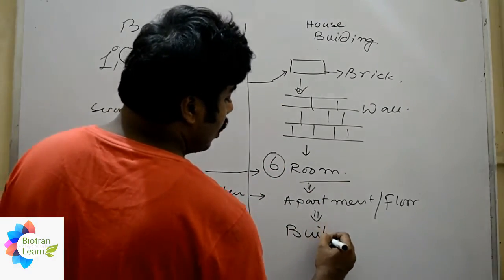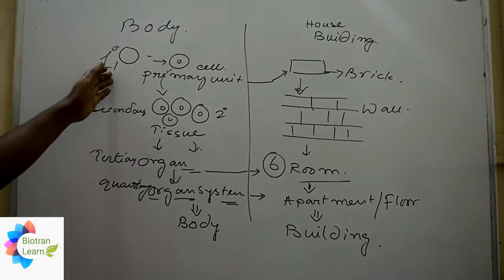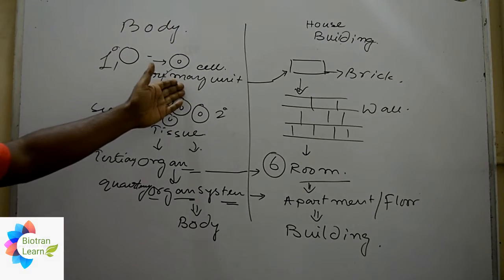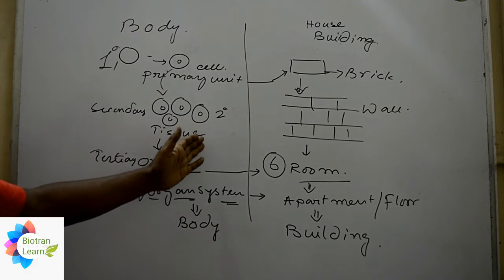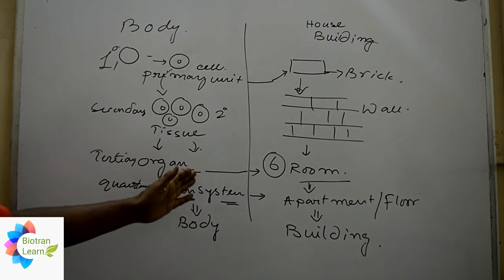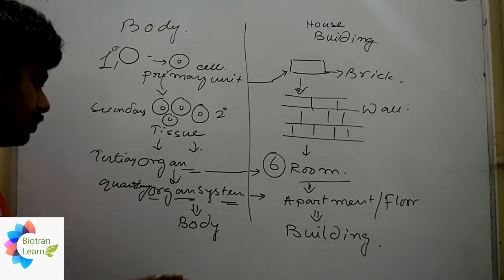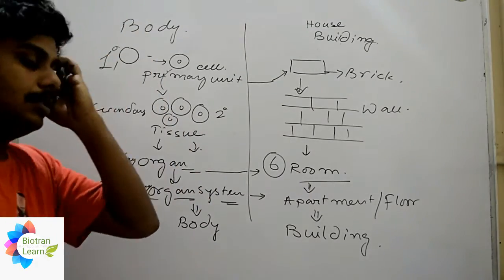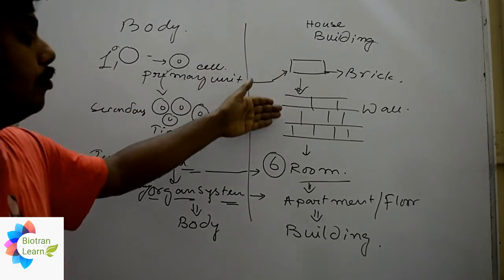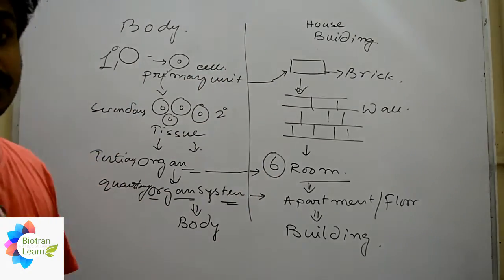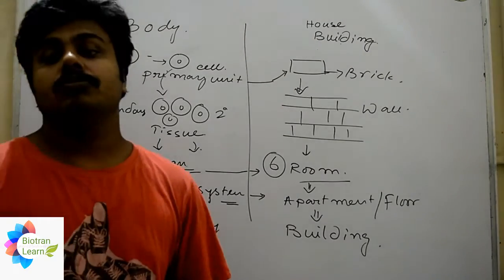So this is how the structural fundamentality of a cell works. First, many cells organize a tissue, many tissues organize an organ, many organs organize an organ system, and then many organ systems form a body, similar to brick, wall, room, apartment and building.